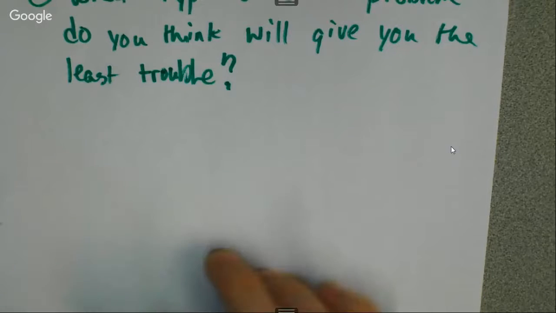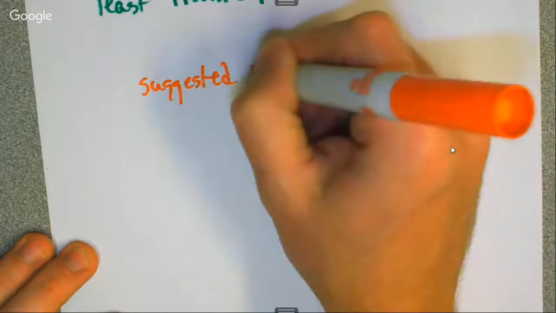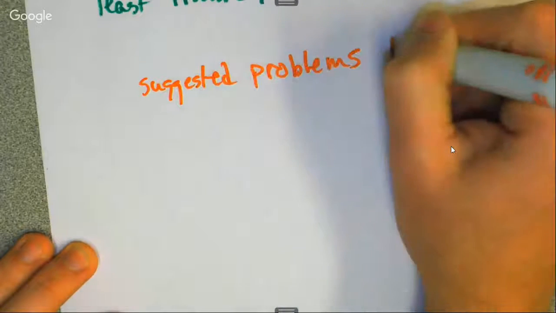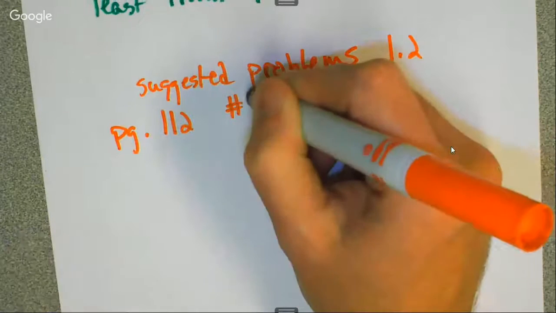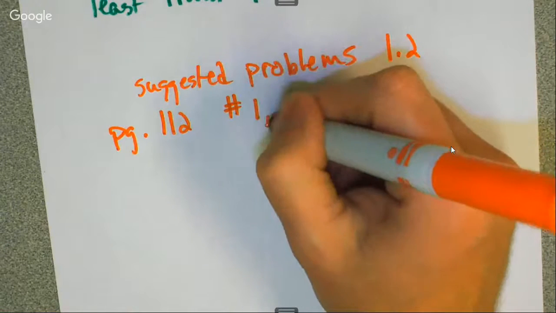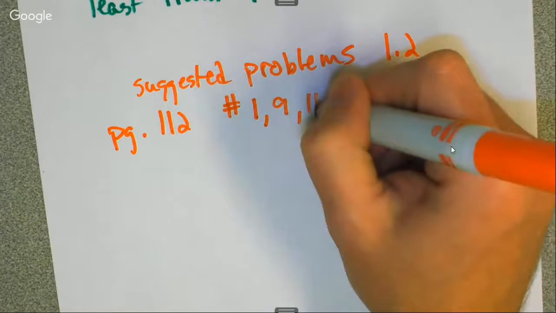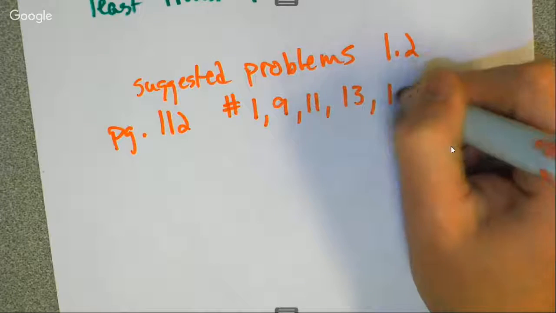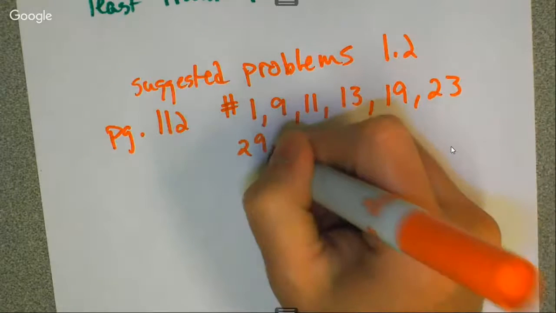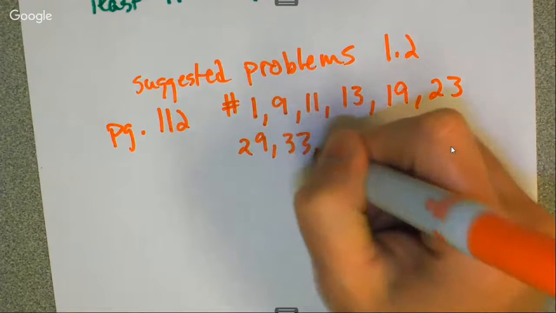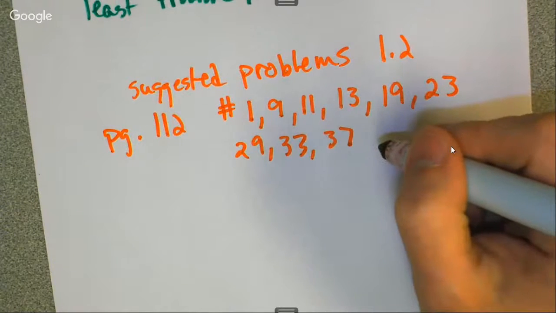Let's look at the suggested problems. They start on page 112, 1, 9, 11, 13, 19, 23, 29, 33 is a chemistry problem, so that'll probably be pretty good for some of you. 37 is a theater problem.